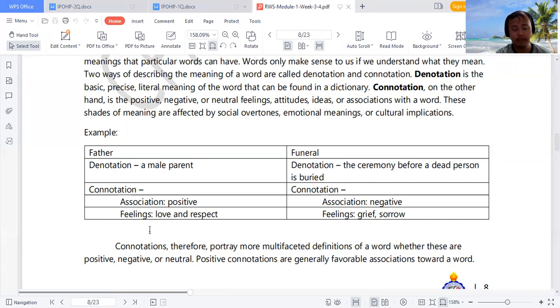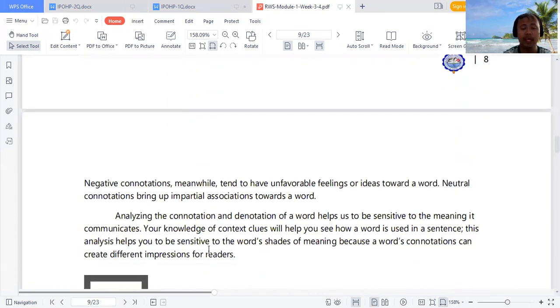So connotations portray more multifaceted, meaning diverse, definitions of a word, whether positive, negative, or neutral. Positive connotations are generally favorable associations toward a word. Negative connotations tend to carry unfavorable feelings or ideas toward a word. Neutral connotations bring up impartial associations toward a word.